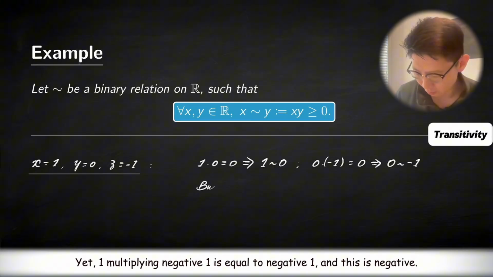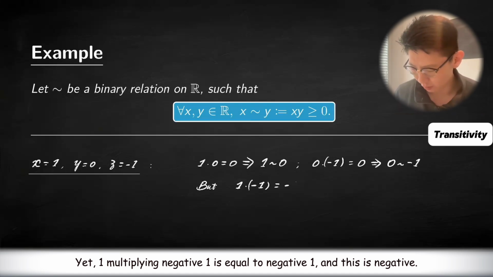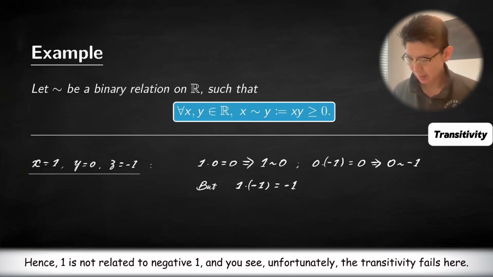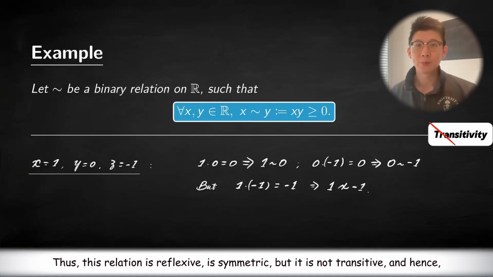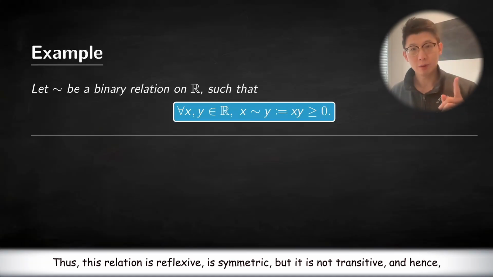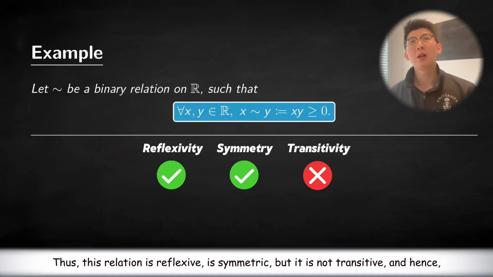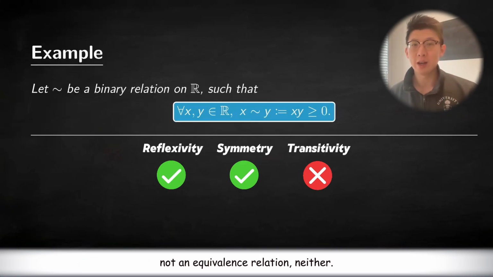Yet, 1 multiplying negative 1 is equal to negative 1, and this is negative. Hence, 1 is not related to negative 1. And you see, unfortunately, the transitivity fails here. Thus, this relation is reflexive, is symmetric, but it is not transitive, and hence not an equivalence relation either.